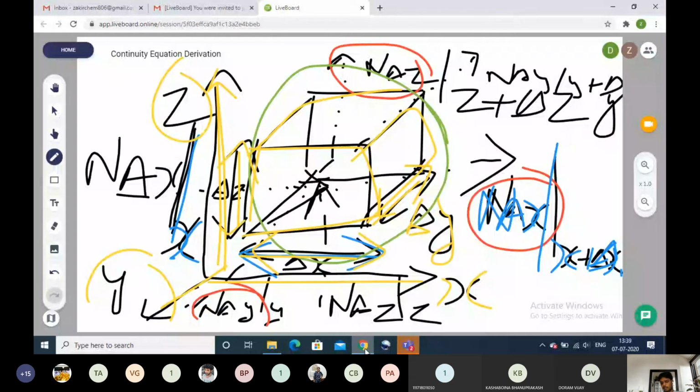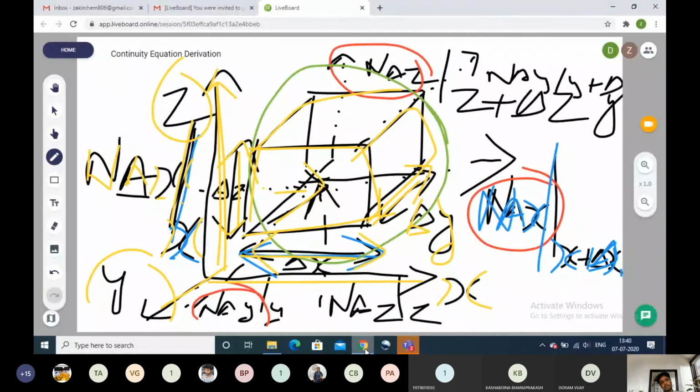Now in the x direction, flux is already moving, some component is moving. So the flux has an x component. We write N_A,x, which indicates the flux of component A, and the subscript x means the direction in which the flux is moving.